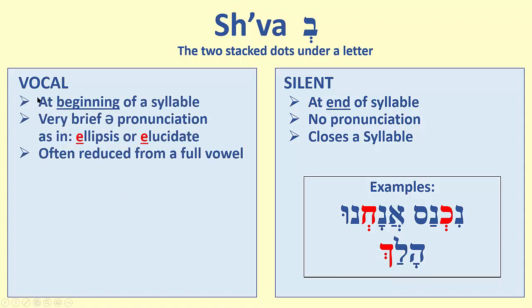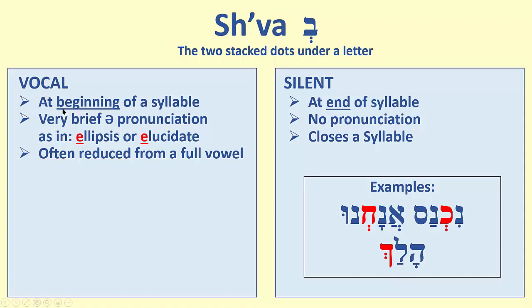So the other kind of schwa has lots of names, actually: vocal, or mobile, or moving. In Hebrew it's called schwa na. I sometimes call it audible. We'll call it vocal in this presentation.